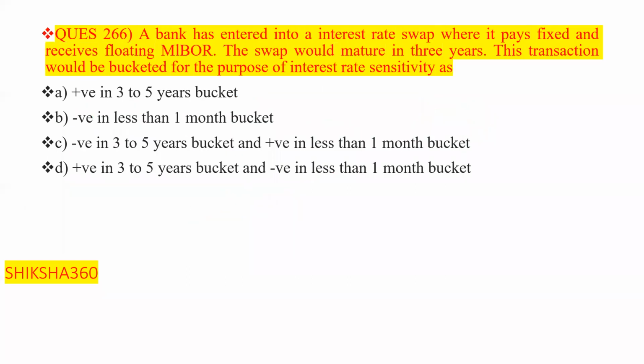Now the next question. A bank has entered into an interest rate swap where it pays fixed and receives floating MIBOR. They make an agreement that the bank will pay the fixed rate and the other company will pay the floating.